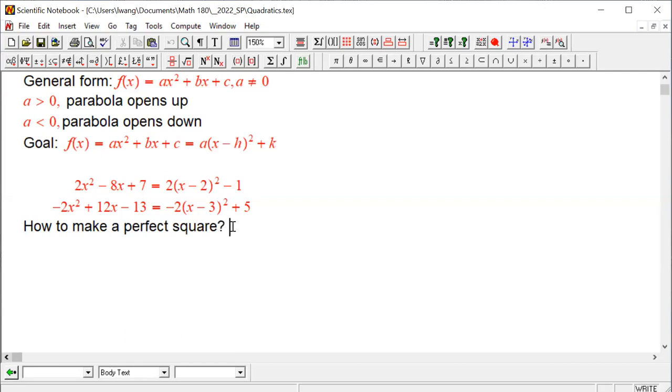Typically our situation, I'm going to go by examples, in quadratic functions. So we're going to talk about the how-to.